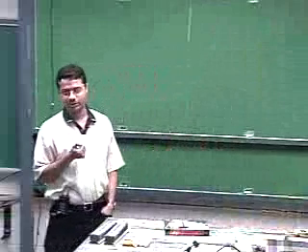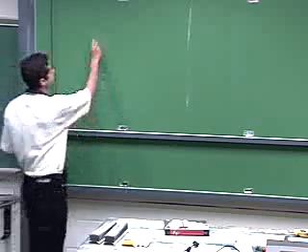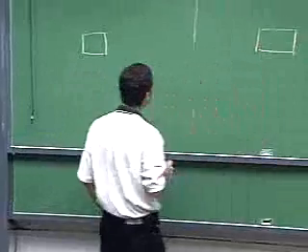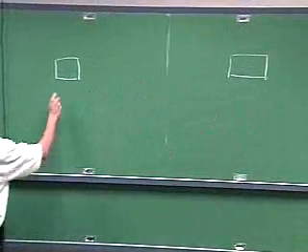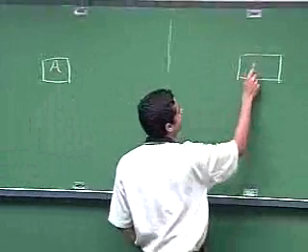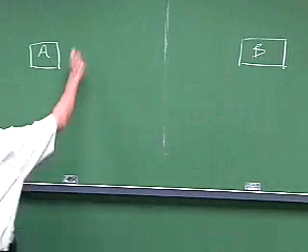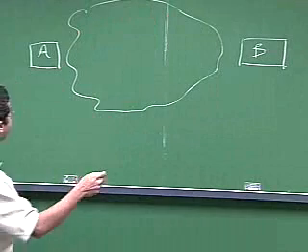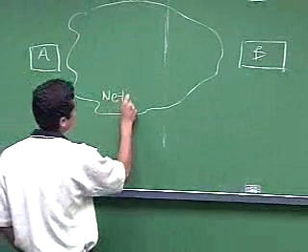So, we have already seen what a computer network is used for. It's used to share information between distributed entities using some sort of communication mechanism. So, you have a node A which is sharing information with another node B using a network.